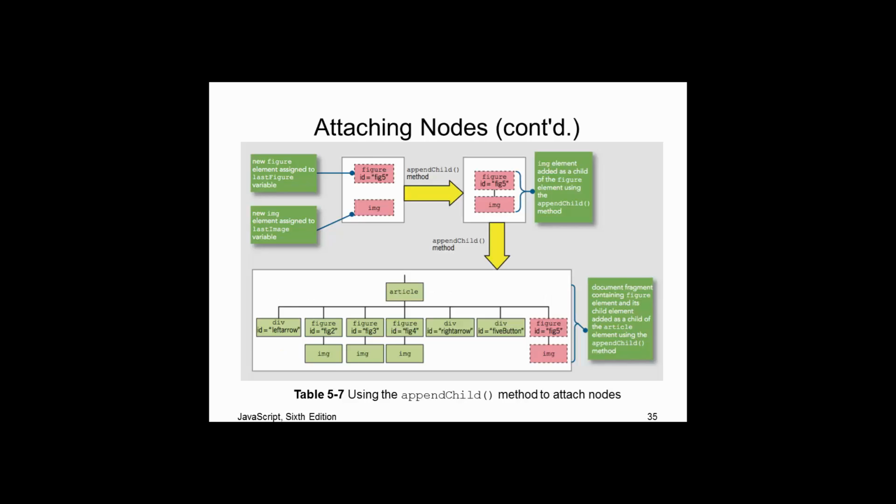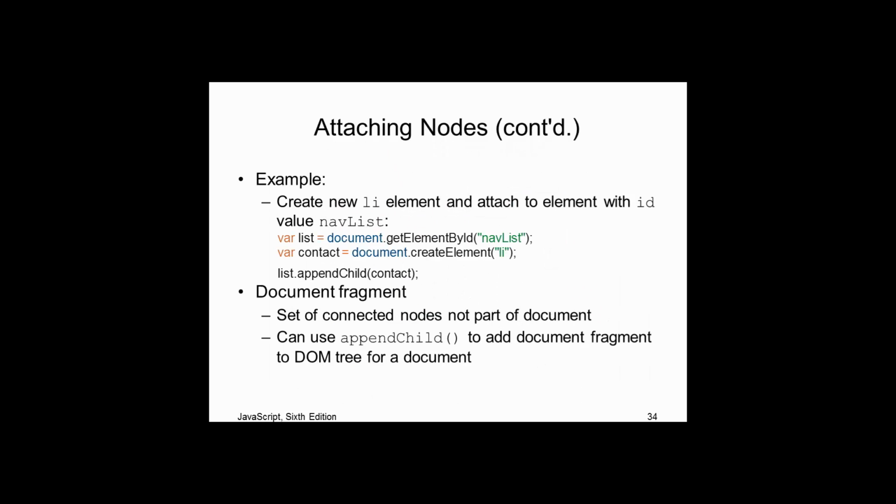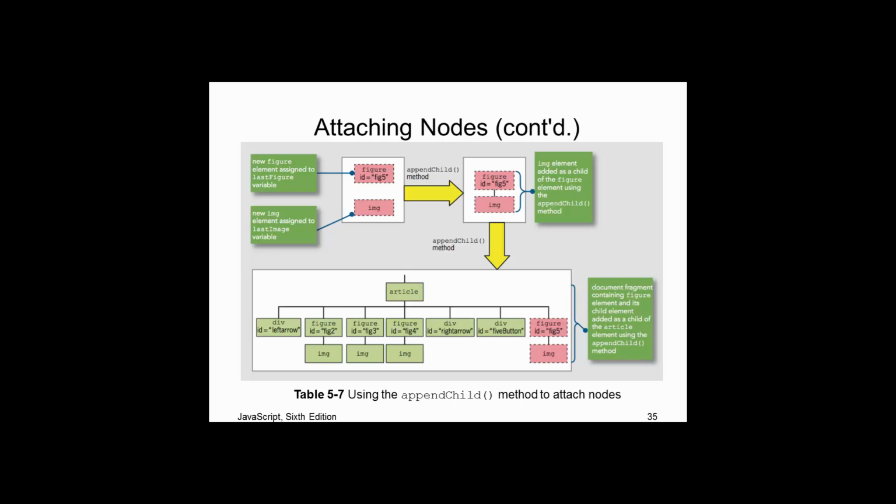If you go back to attaching nodes, you can only append. When you append a child, it adds it to the very end of the sibling list, if you will. It's the last sibling. But we have a little bit more flexibility.